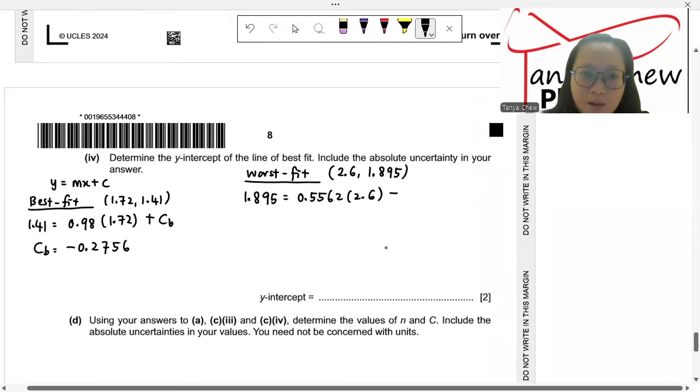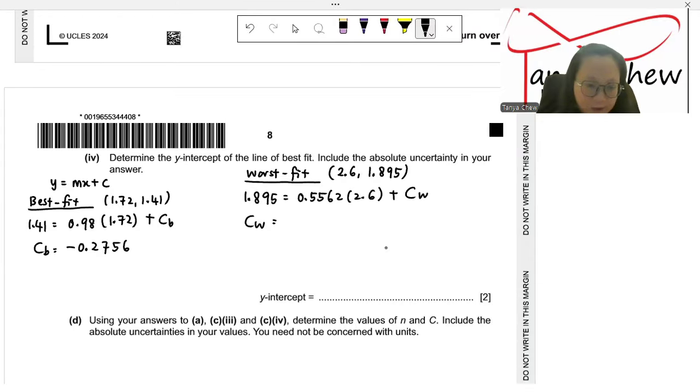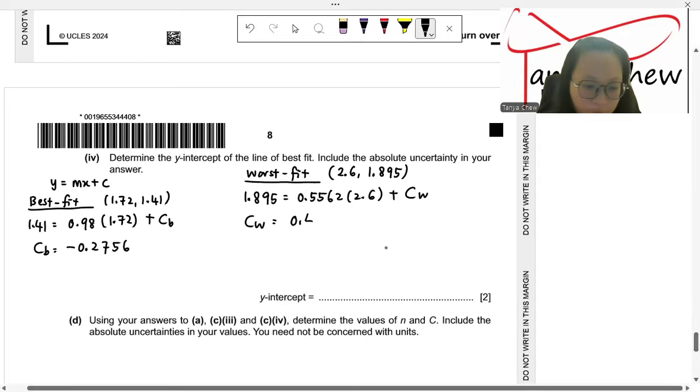So times 2.6 plus worst fit y-intercept. So 0.5562 times 2.6 and then 1.895 minus that. And I got positive value, which is 0.4489.